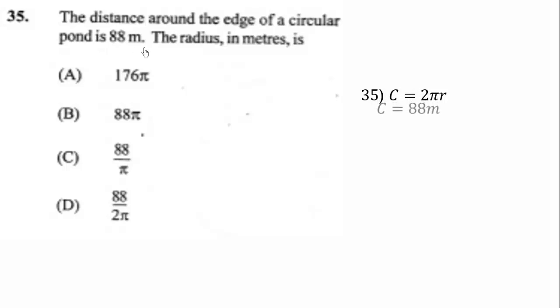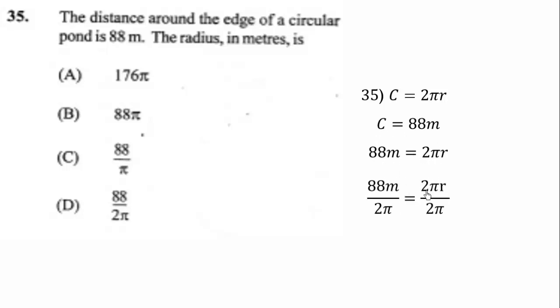So we substitute to get 88 meters equals 2 pi r. Now we need to divide both sides by 2 pi to get 88 meters over 2 pi. Therefore, the radius is equal to 88 meters over 2 pi. Therefore, the correct answer is D.